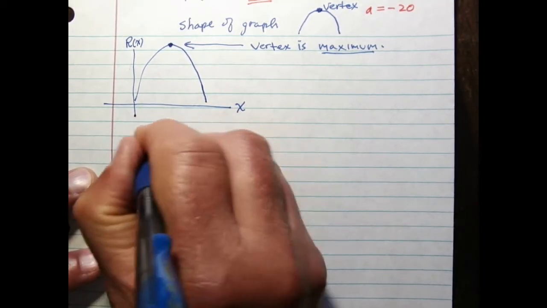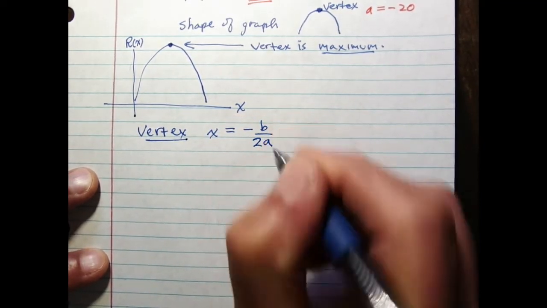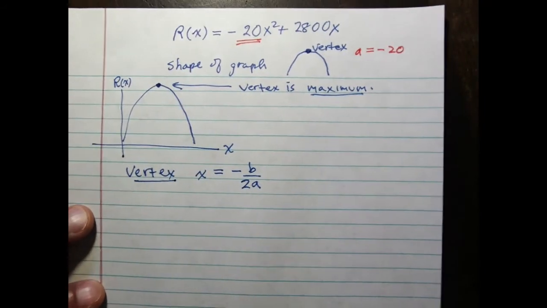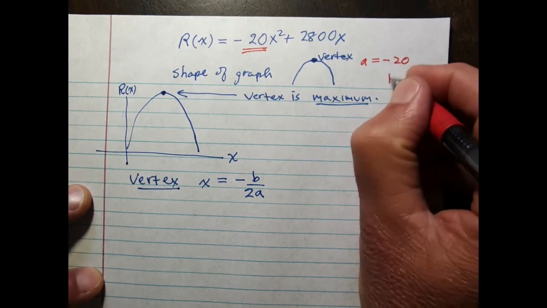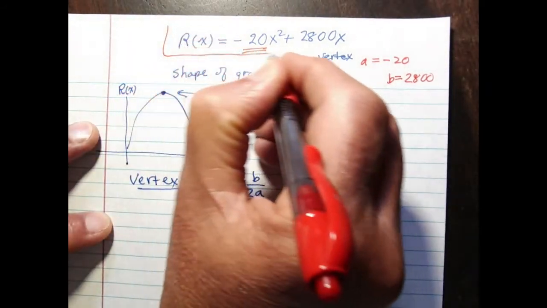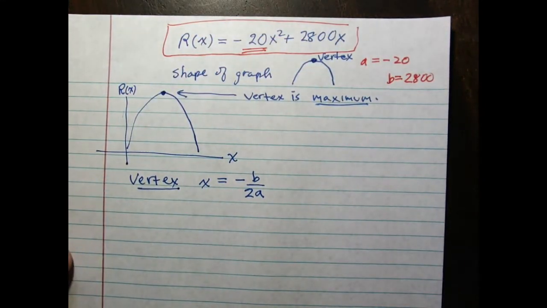Vertex. The x-coordinate is negative b over 2a. Now, I already said a up above here was negative 20. We also have b equals 2,800, because here's our expression for the quadratic function.